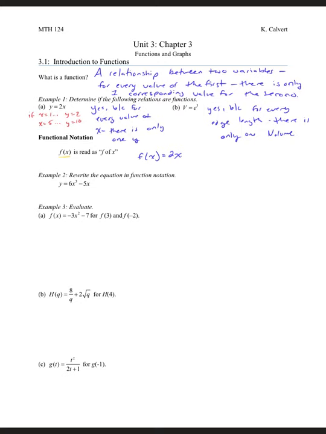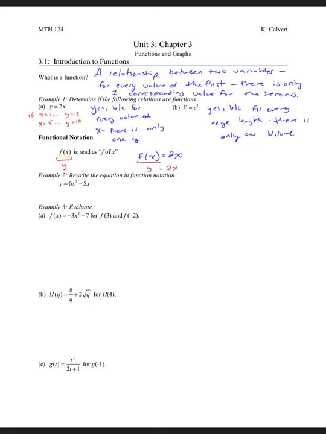The only difference is instead of writing a y, we wrote f of x. That's because f of x has the same meaning as y. So this would be the same thing as y equals 2x. We call this form functional notation.